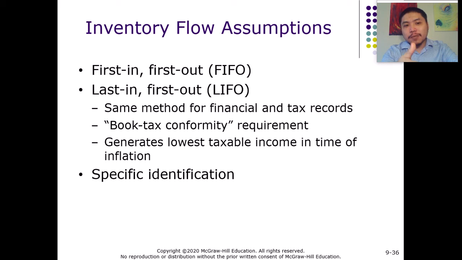So for tax purposes, business owners who want to pay lower tax are probably going to go with LIFO, right? Because LIFO gives the lowest taxable income, and in turn it's going to provide the lowest tax liabilities, right?